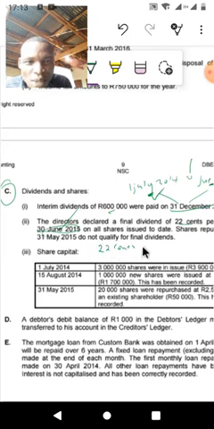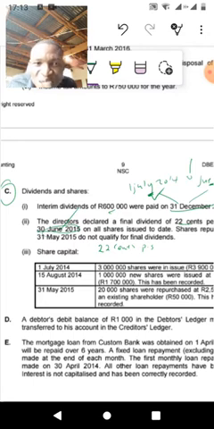22 cents per share means that for every share that you have as a shareholder, you are going to get 22 cents. If you get 2 shares, you are going to get 22 cents twice. In all cases, the final dividend will depend on the shares. So here they are saying 22 cents per share.